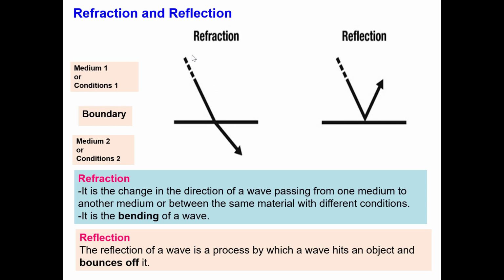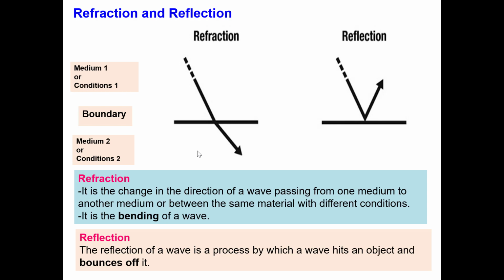And this is why the direction of the wave when passed from one medium to another also changes. And what occurs is the wave bends. Yes, some bending of the wave occurs, we can see here. And this is why we can say the refraction is the bending of a wave.